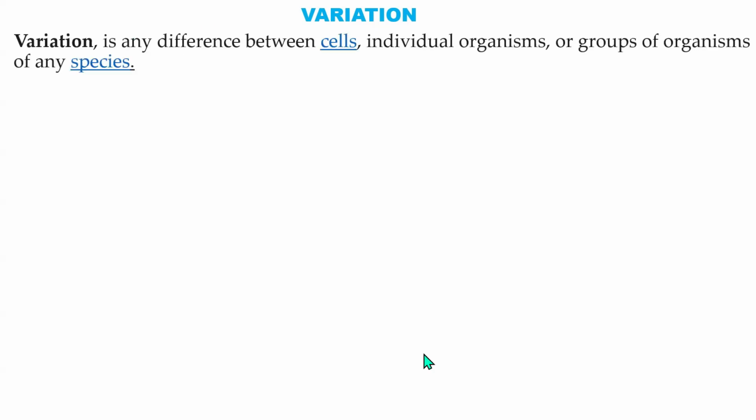Variation is the differences that exist between cells, individual organisms, or groups of organisms of any species. Variation can be checked starting from the cellular level, at the level of individual organisms, or from the group of organisms of any species.